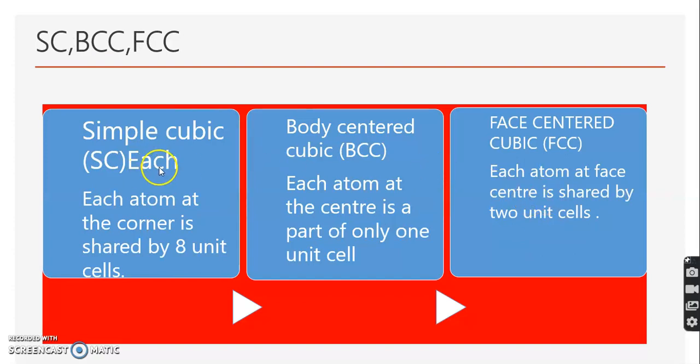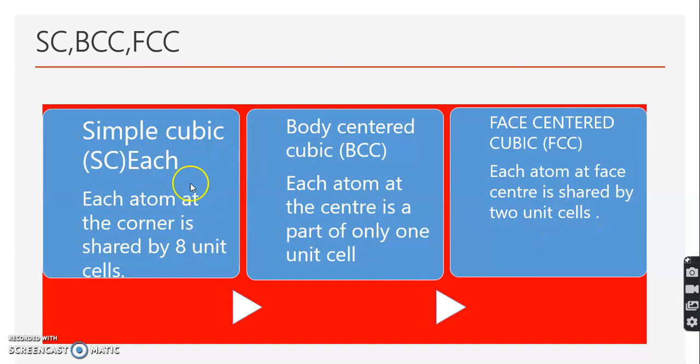Now, simple cubic, body centered and face centered, again we will see what is another difference between them. In simple cubic, each atom at the corner is shared by 8 unit cells. In body centered, the atom at the center is a part of only one unit cell, and here each atom at the face center will be shared by 2 unit cells.